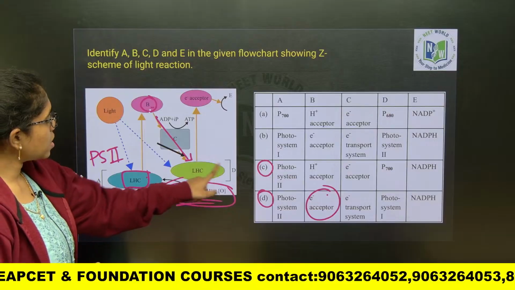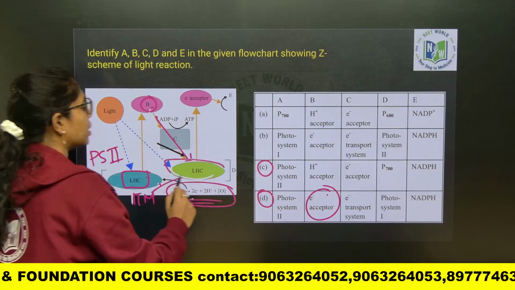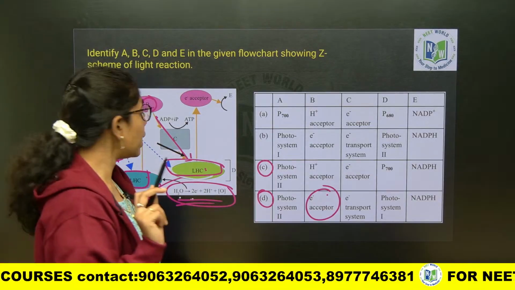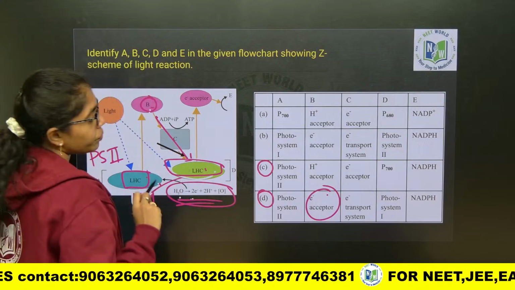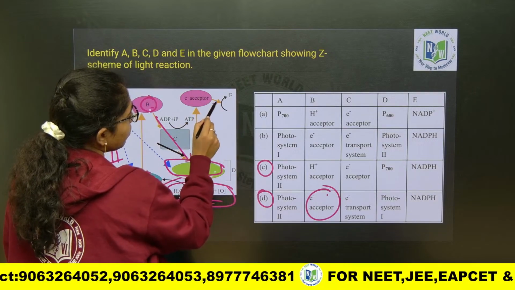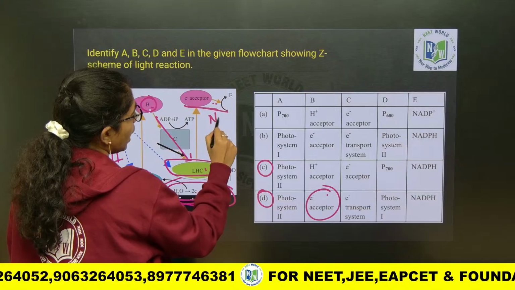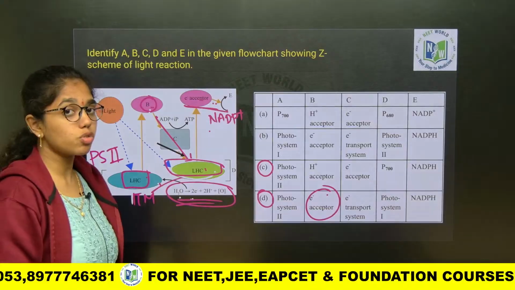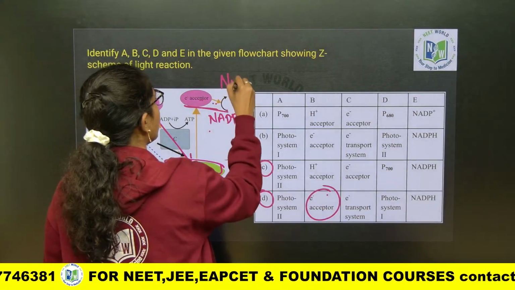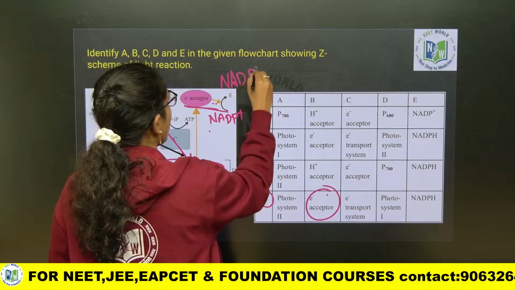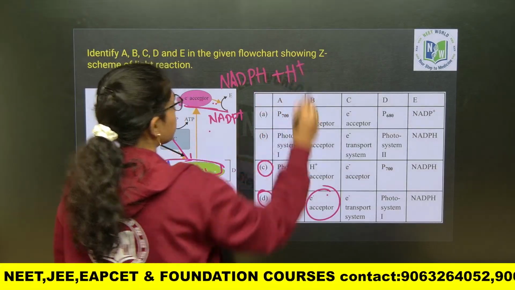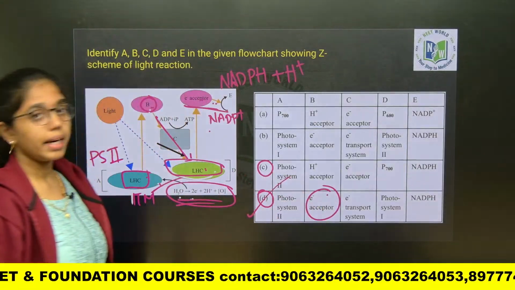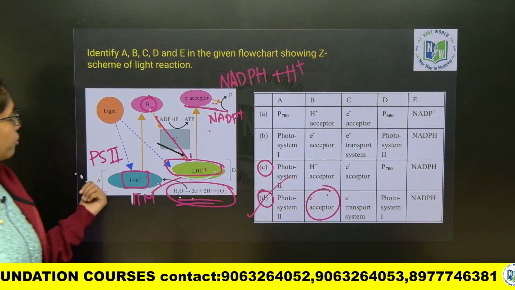And D is photosystem 1, the light harvesting complex not associated with photolysis of water. Here E, the ultimate electron acceptor, will be NADP plus. Accepting the electrons, NADP plus is reduced to NADPH plus H plus. Clear, right? So what answer do we mark? Option D. Clear, ma? Look into it carefully once again.